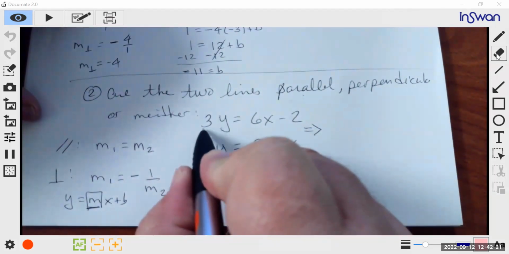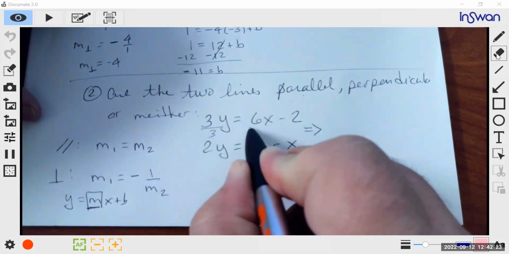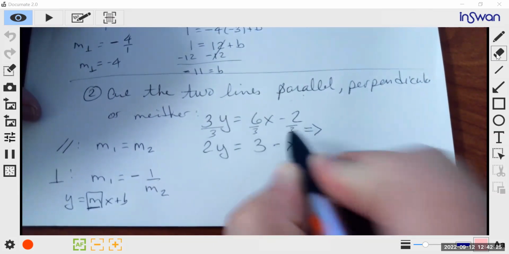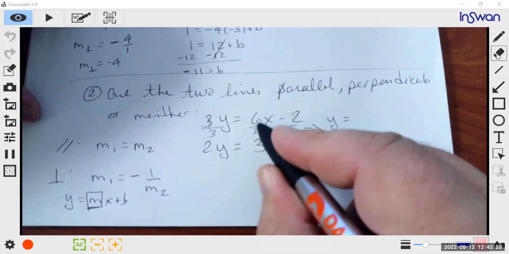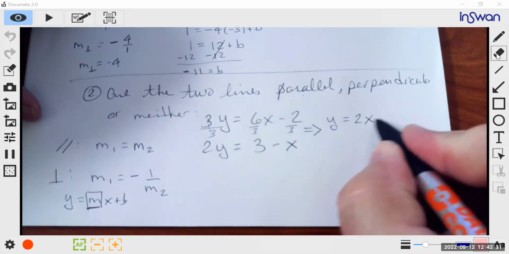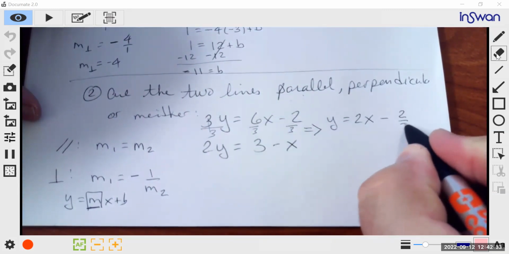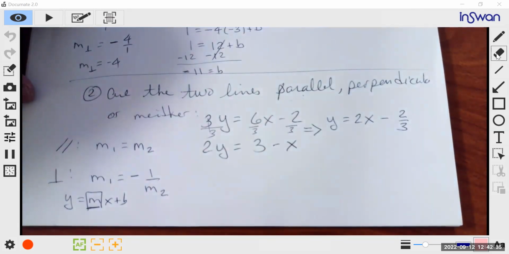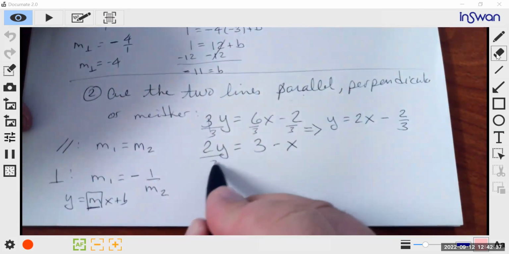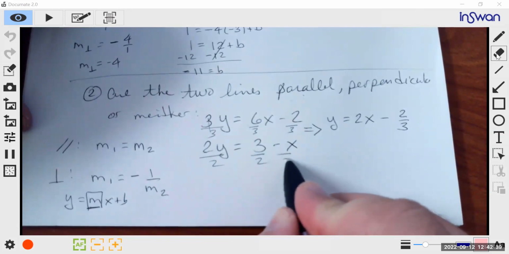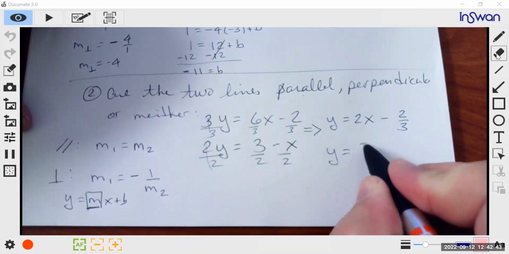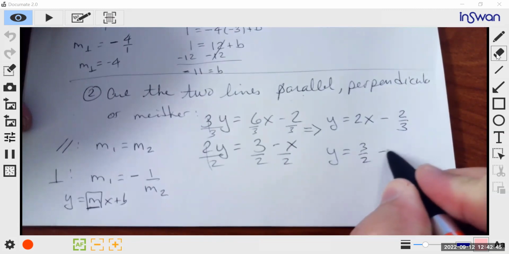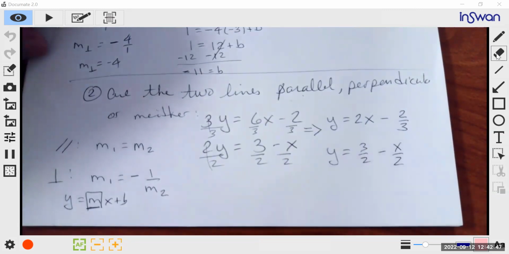So in this first equation, I have to divide each term by 3. It gives me y equals 6 divided by 3 is 2. That's line 1. The second one, I have to divide each one by 2. Y equals 3 over 2 minus x over 2.